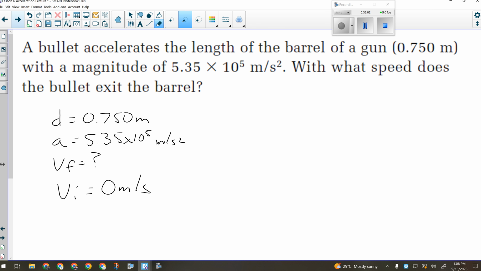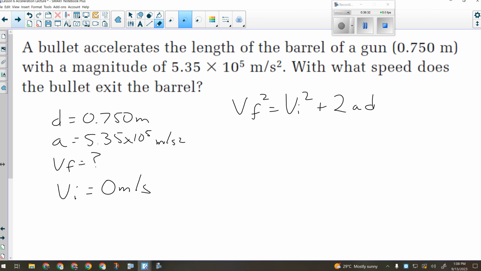So that means I'm going to be using the last formula on our formula sheet that we haven't done yet. This one. Most common mistake using this formula: forgetting that VF and VI are squared. People forget that sometimes when they write this one down, and then they miss that step.